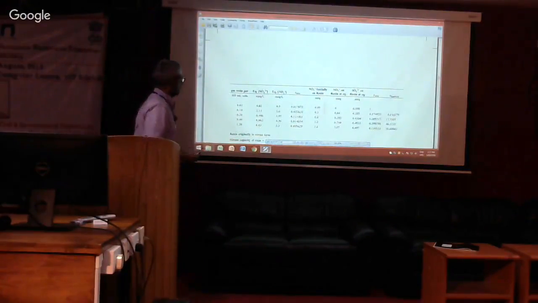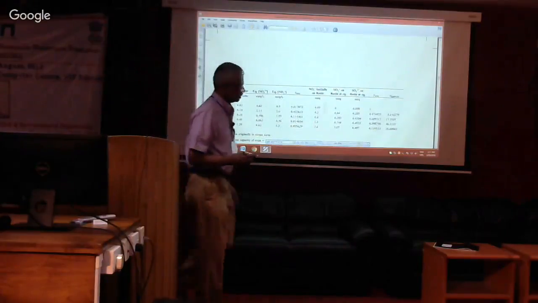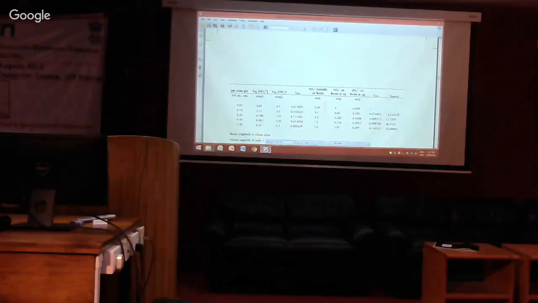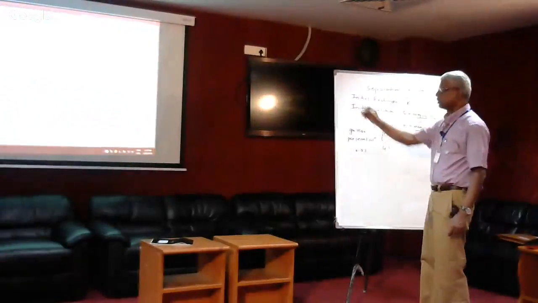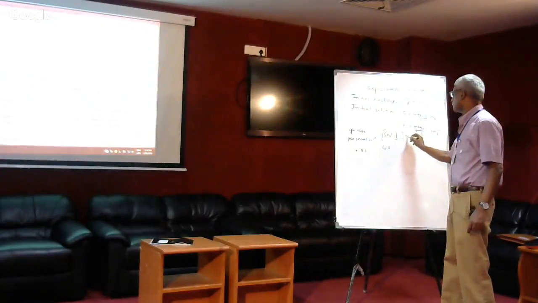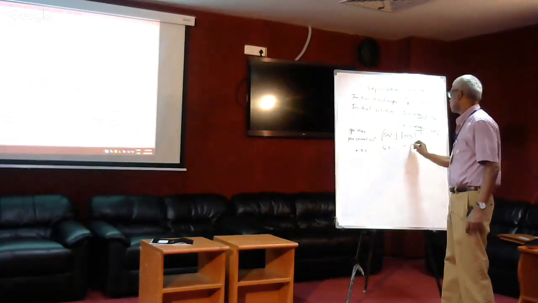So let's just do one row. Grams of resin per 100 ml solution, 0.03. Sulfate concentration at equilibrium, 4.2, and I'm not writing the units; you can see them on the screen. Nitrate is 0.9.